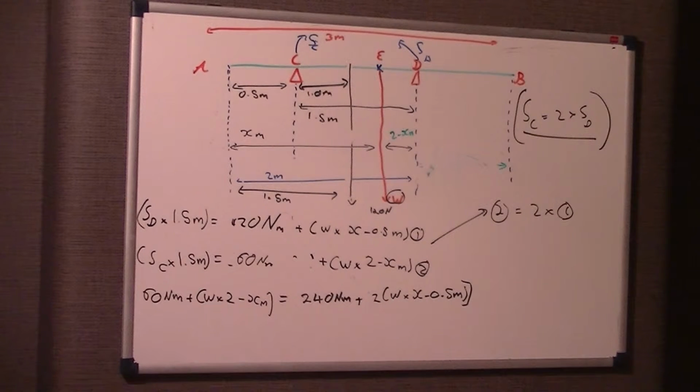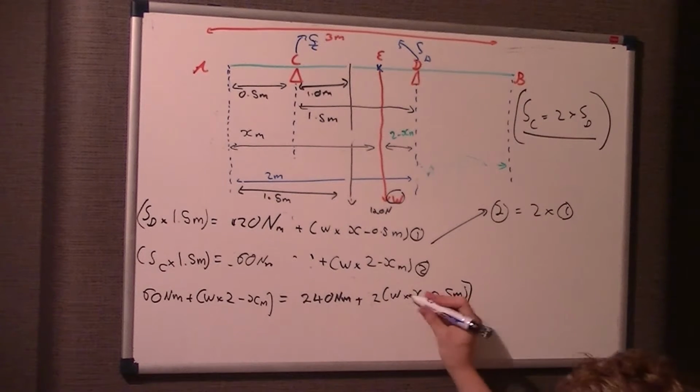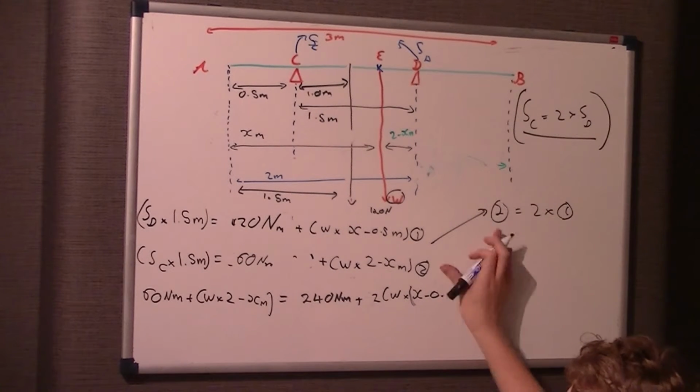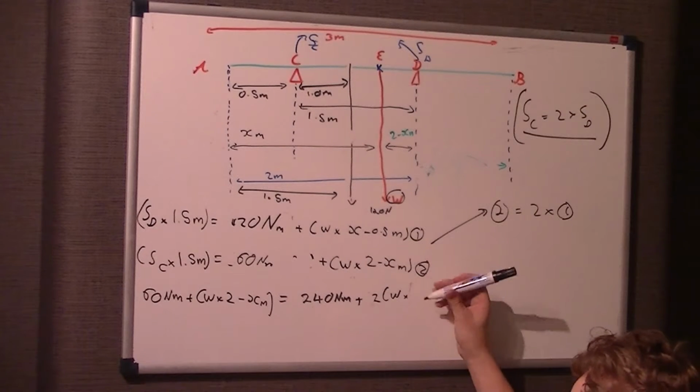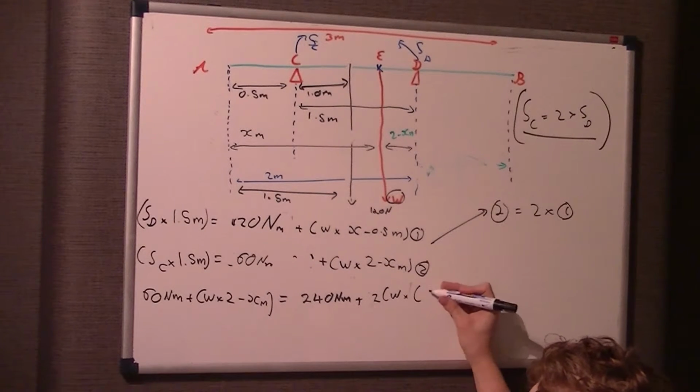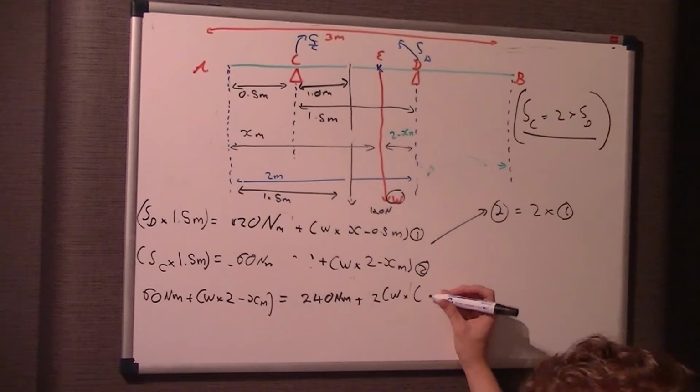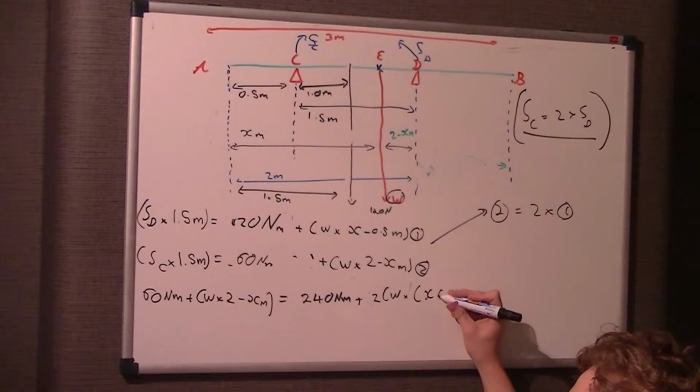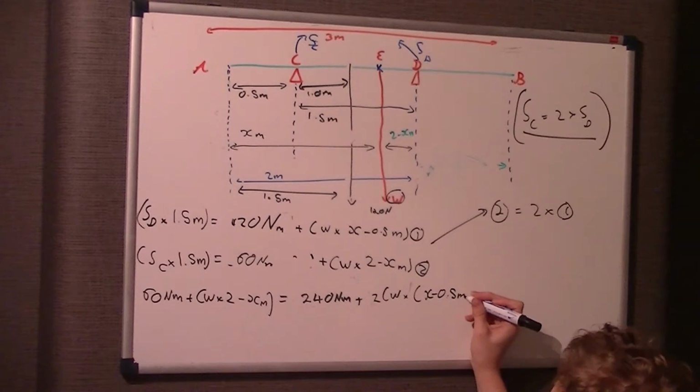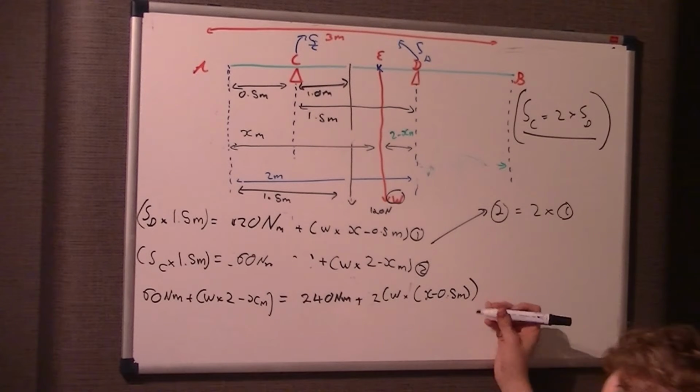So it's W times X take 0.5. So really, one sec, I'll write this out a bit more, because I was getting myself confused as I hadn't written it properly. So it's 2 times W times X take 0.5 meters. So it's like a double bracket there. Okay.